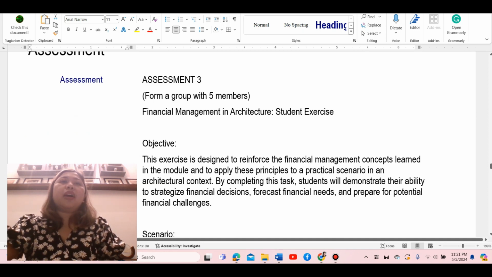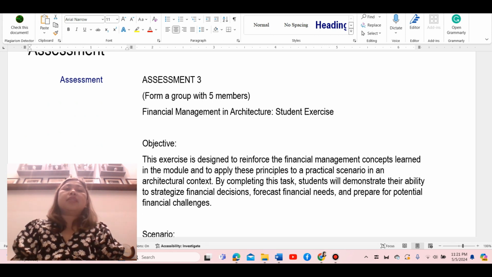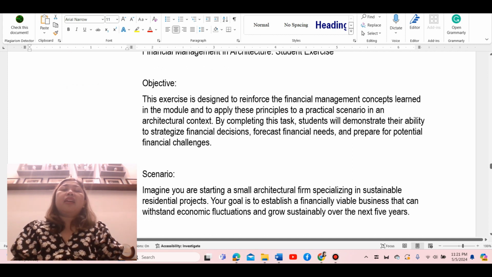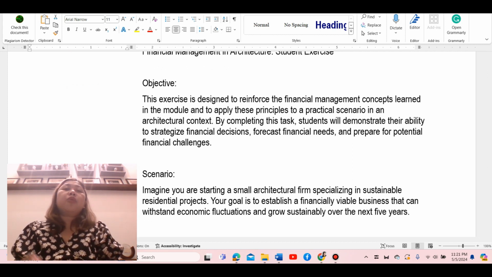For your assessment, you form a group of 5 members. The objective of this exercise is to reinforce the financial management concepts learned in this module and to apply these principles to practical scenario in the architectural context.